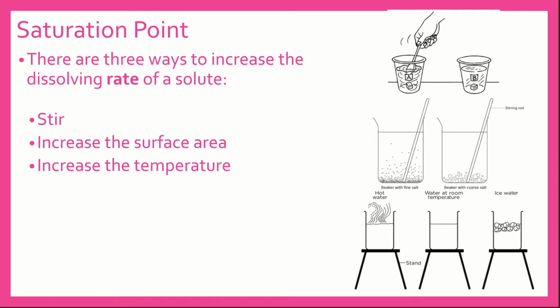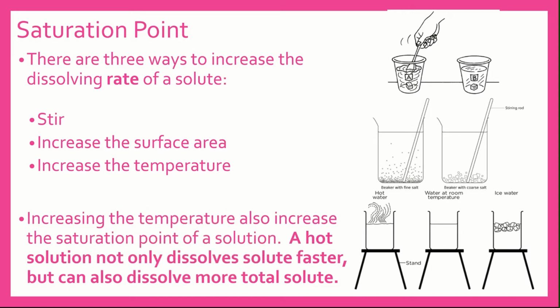The third way is to increase the temperature. So increasing the temperature will speed up how fast your solute will dissolve. Now, quick note here, increasing the temperature also increases the saturation point. So if you were given those 40 grams of table salt that we saw in the previous problem, and you were asked to dissolve all 40 grams, your best bet would be to heat up the water.